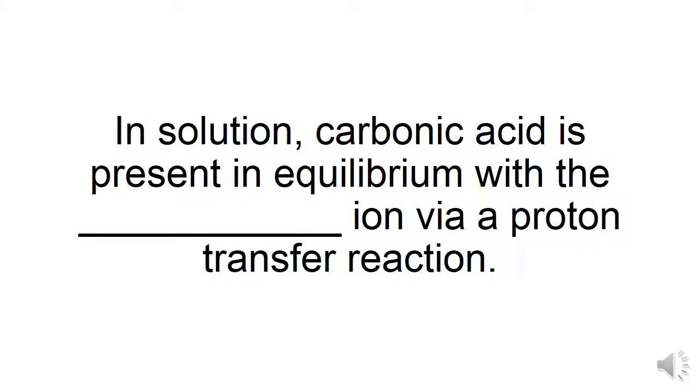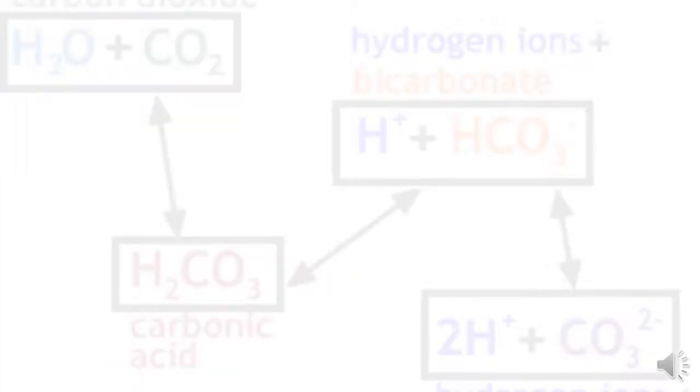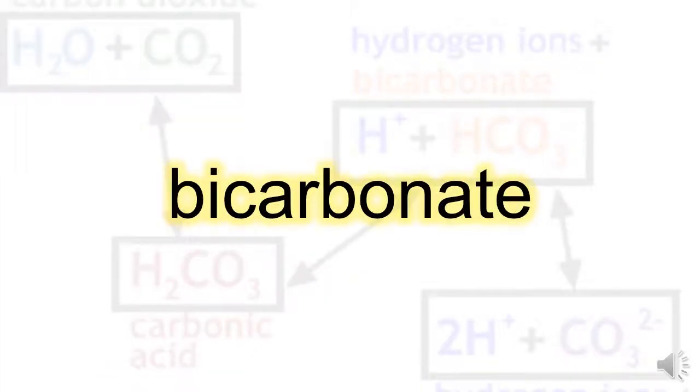In solution, carbonic acid is present in equilibrium with the blank ion via a proton transfer reaction. So what is the ion that goes in the blank? That would be the bicarbonate ion.